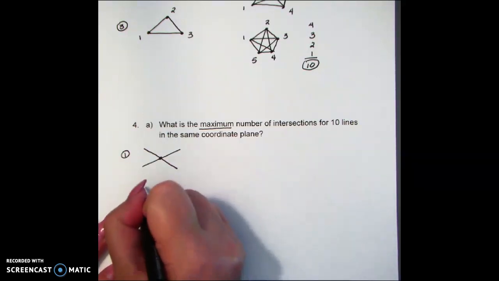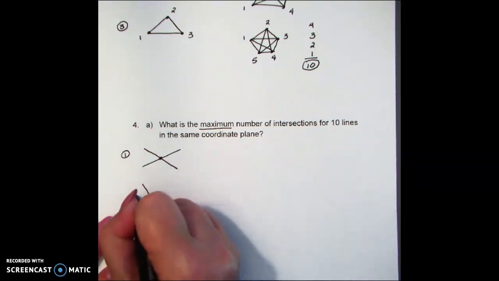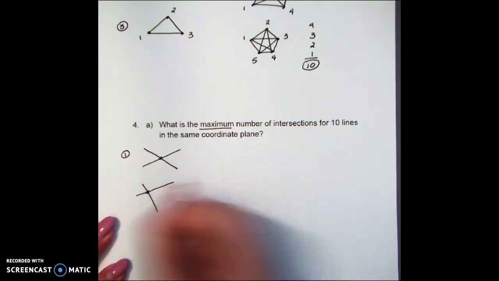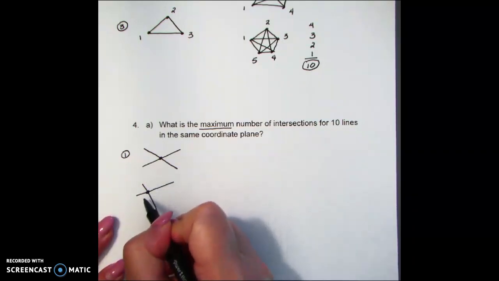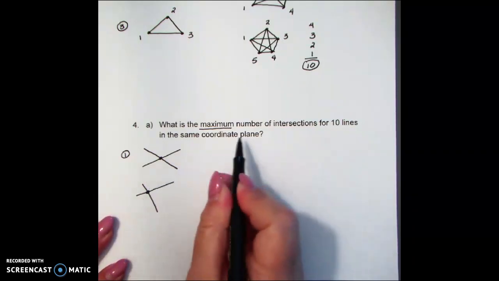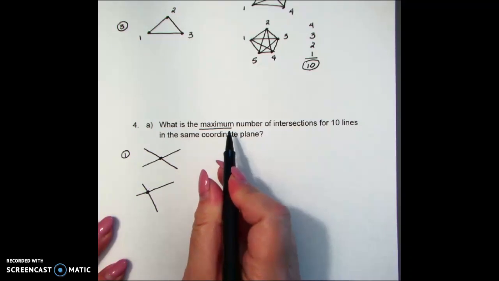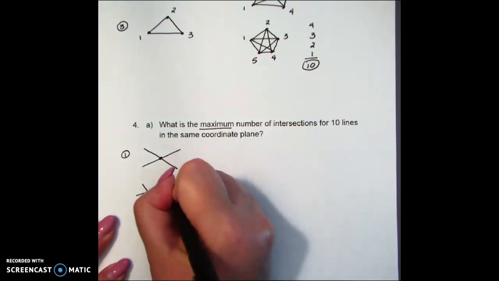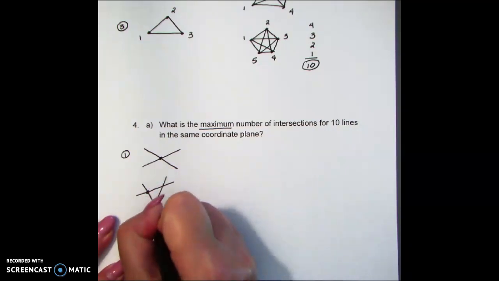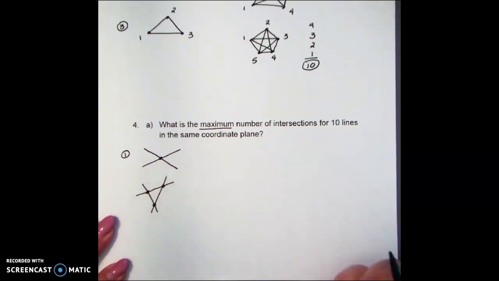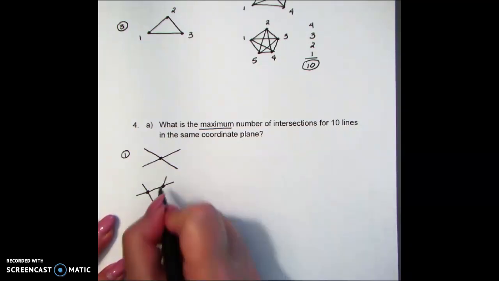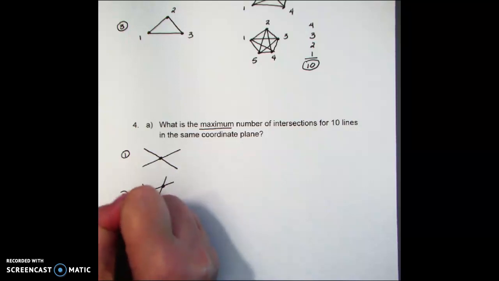If we move on to 3 lines, we know that those 2 lines can intersect at that point. Now, if I draw the 3rd line through that point, then I'm not looking for the maximum number of intersections. So I want to draw that 3rd line to create as many new vertices as I possibly can. Do you see that when I do that, I now have 3 points of intersection?